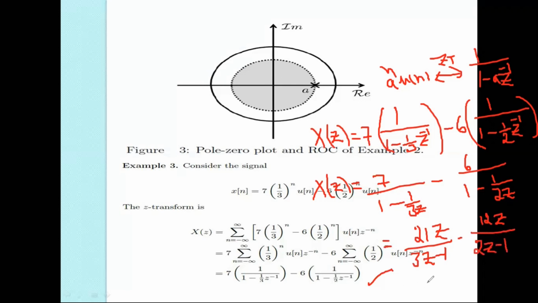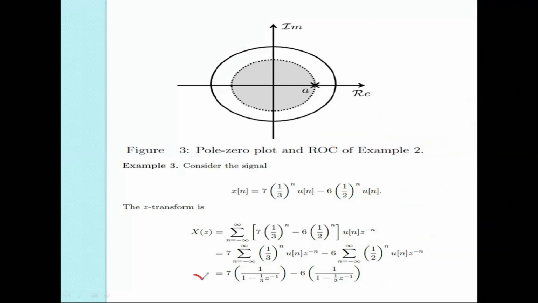Still you can go for further simplification by taking the LCM of 3z minus 1 and 2z minus 1, multiplying and simplifying. Or directly you can keep it like this simply: X of z is equal to 7 into 1 by 1 minus 1 by 3 z inverse minus 6 into 1 by 1 minus 1 by 2 z inverse. Got it?